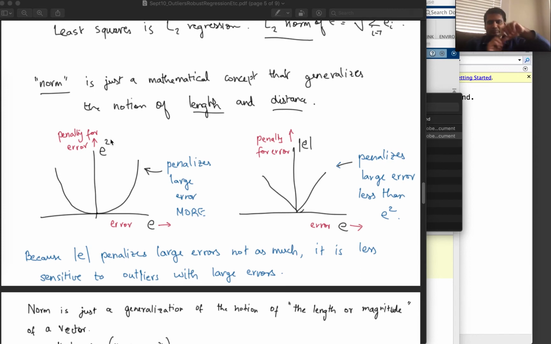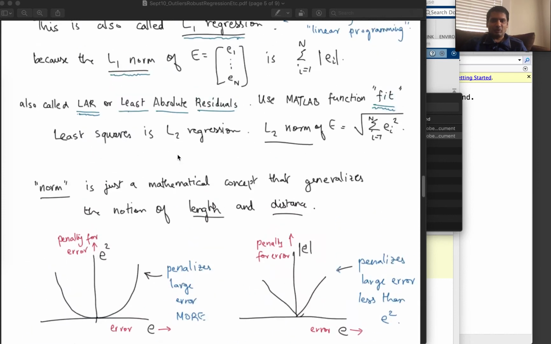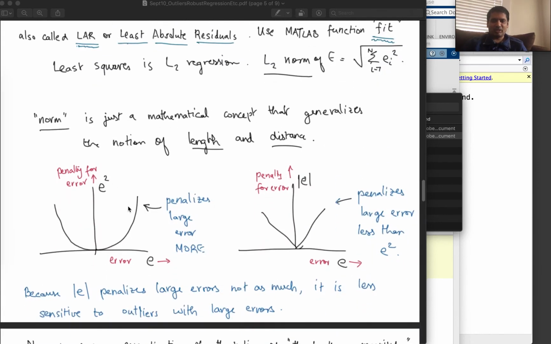On the other hand, if you use the absolute value of the error and then minimize the sum of that or the mean of that, it penalizes these large errors much less than e square or mean square error, right? Because it penalizes the large errors much less, it can naturally be less affected by outliers, right?